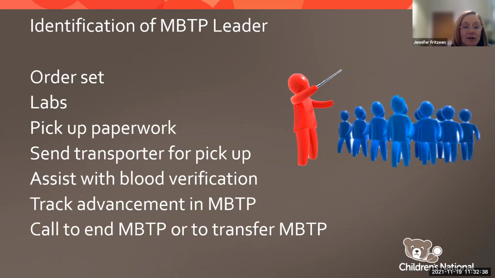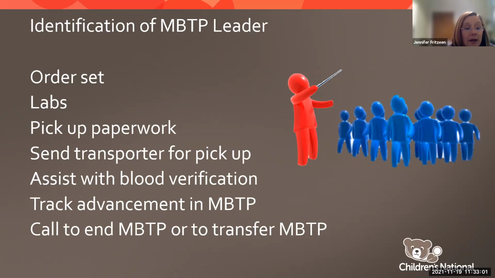You have the cheat sheet that lets you know the labs that are needed. Some patients that are on the inpatient side, those labs may already be in the system and they're okay, but patients coming in the emergency department will definitely need a type and cross, coags, and chemistries.